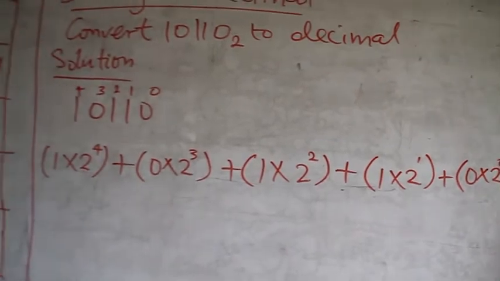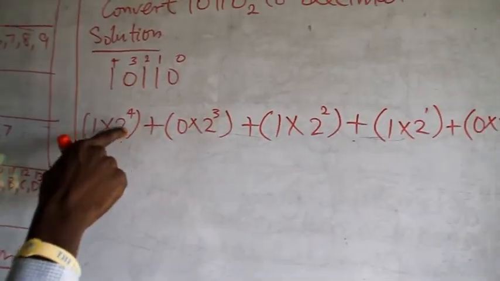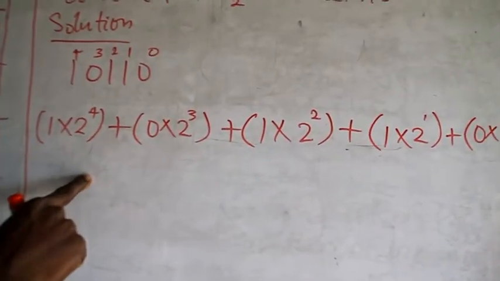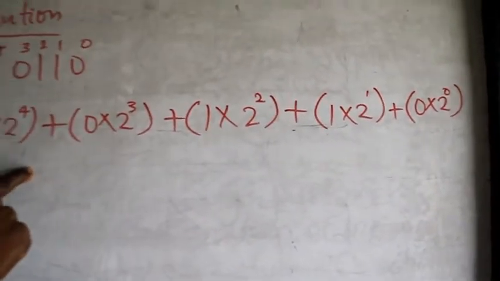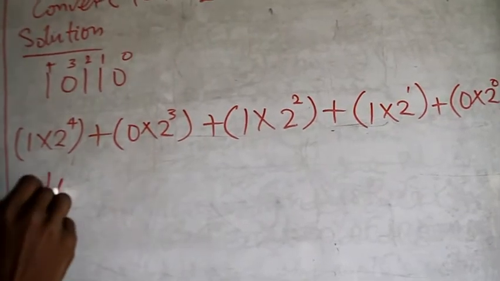After that, the next thing we do is multiply this. 2 raised to power 4 is 2 times 2, which is 4, times 2, which is 8, times 2 again, which is 16.